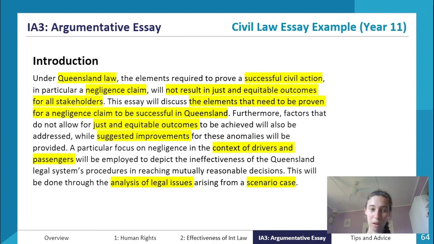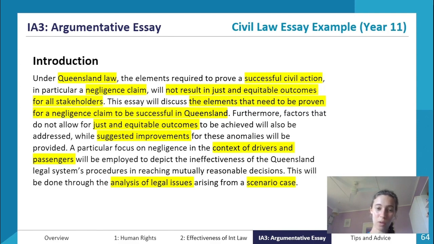But it could have been on criminal law because different schools do different orderings of when they cover the content. So this is just from my year 11 civil law assignment, which was the argumentative essay genre as well.